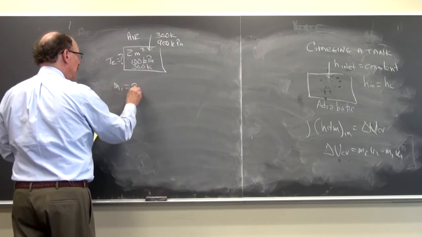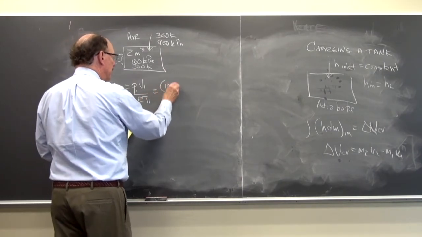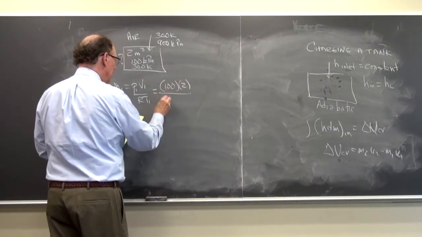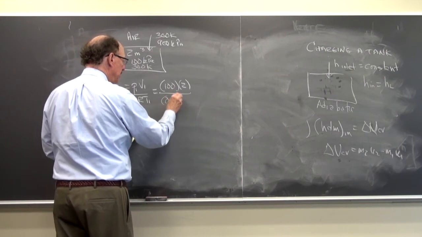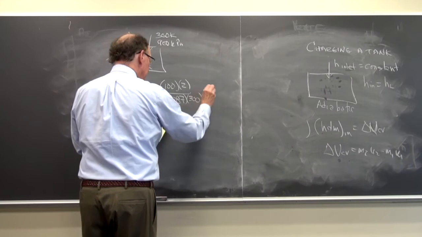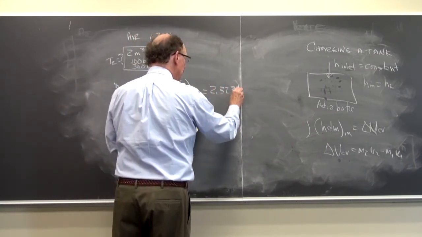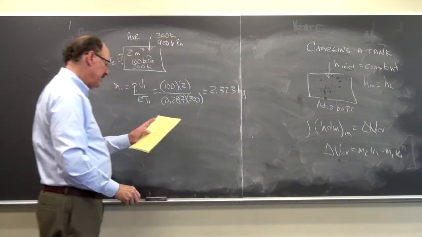So it's P1 V1 over R T1, 100 times 2 divided by 0.287 times 300. So the mass in the tank is 2.323 kilograms.